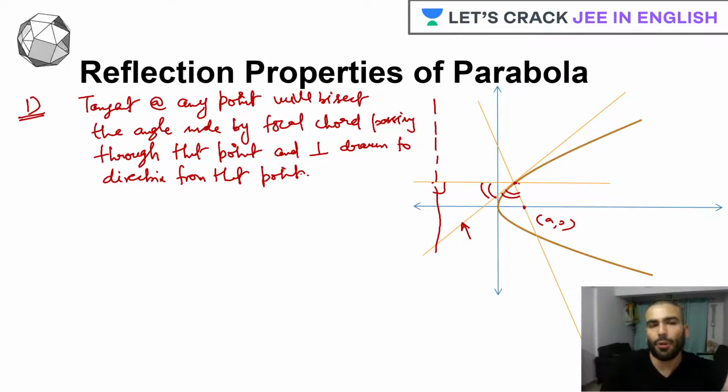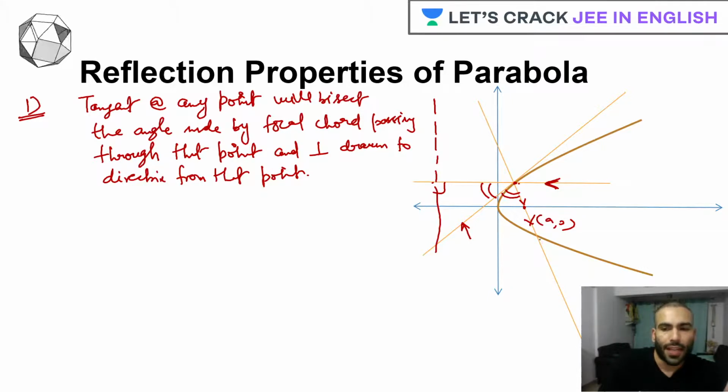So this is one of the important properties. Now another property: if you remember, while studying mirrors, we have studied that whenever we draw a light ray parallel to the principal axis, after reflection it passes through the focus. So if this is an incident ray, after reflection it will pass through the focus.